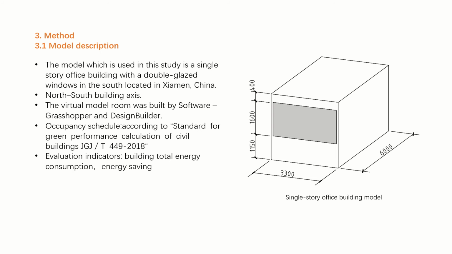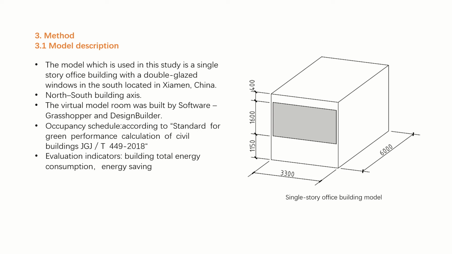Okay, next, we set up a building model for simulation. The model used in this study is a single-story office building with double-glazed windows located in Xiamen, China, and it only opens the window on the south. We set the occupancy schedule according to the standard for green performance calculation of civil buildings, and the evaluation indicators are building total energy consumption and energy saving.